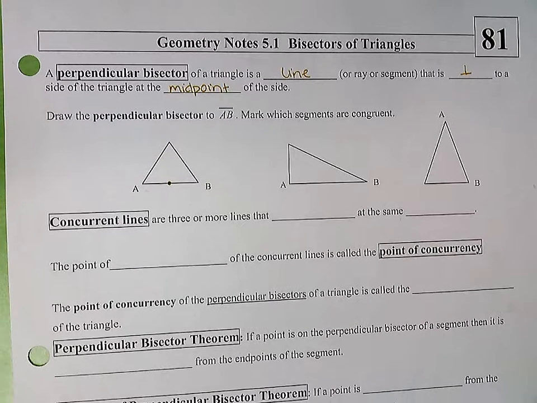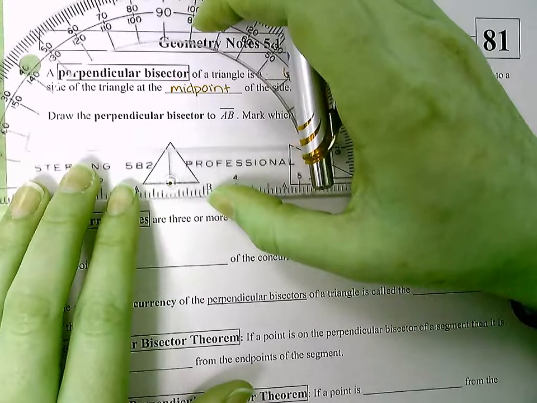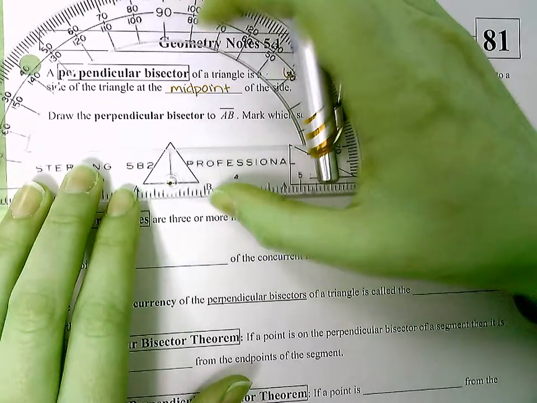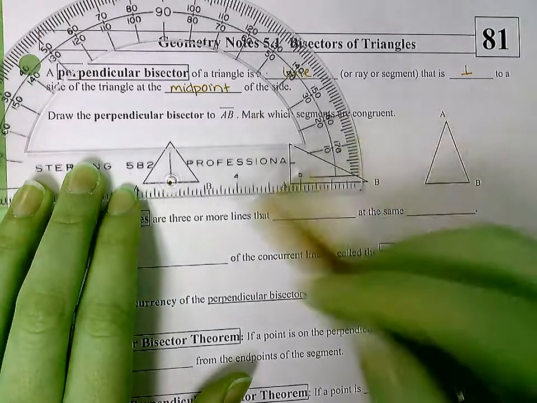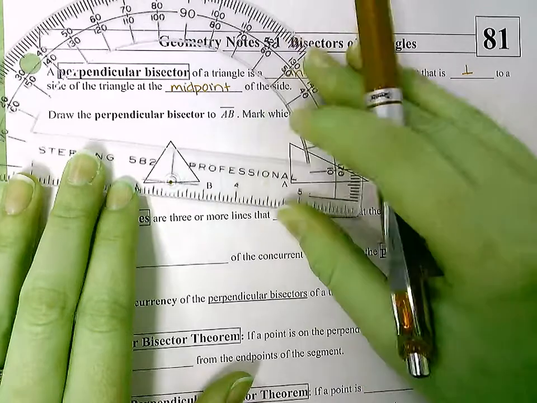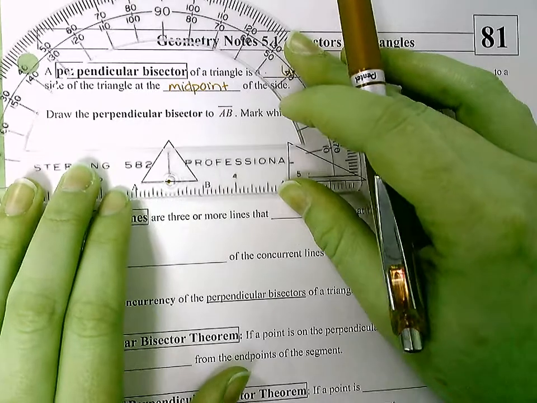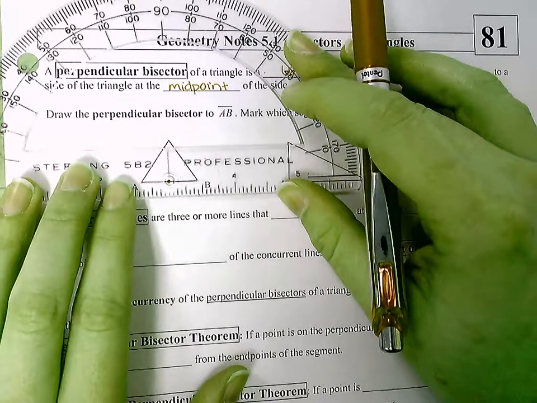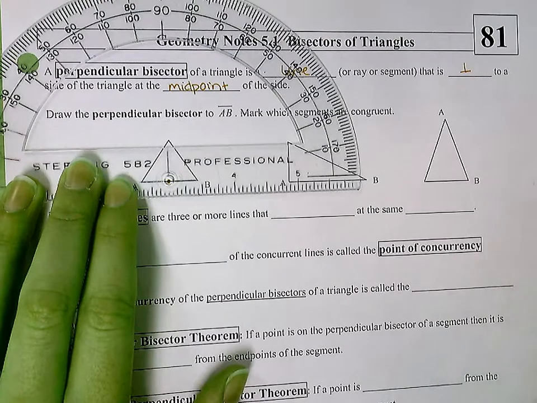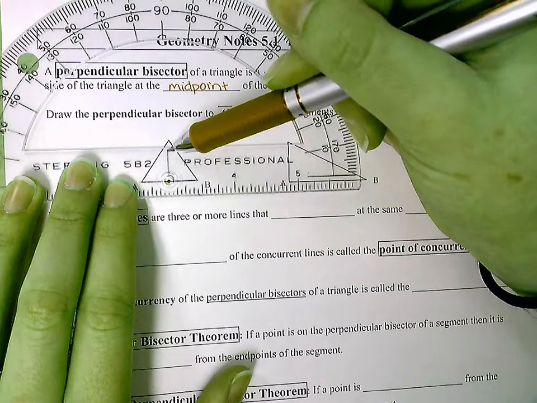To create the perpendicular, your protractor has this open circle in it. You want to place your midpoint and that open circle over top of each other, and make sure you're lining up that segment coming off of that open circle with your segment. If it's sideways like this, you can see it's not lined up. Since this is perpendicular, we want it to be 90 degrees, and the line that comes off of that open circle is 90 degrees.